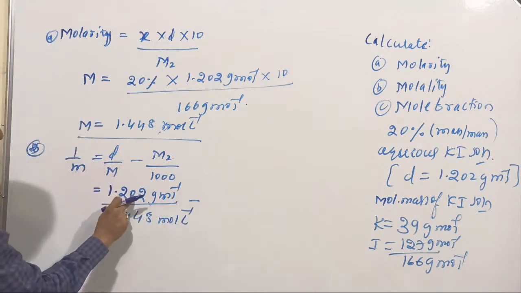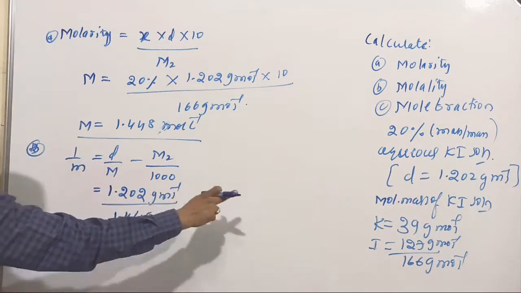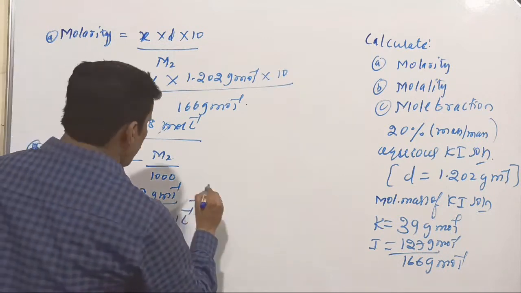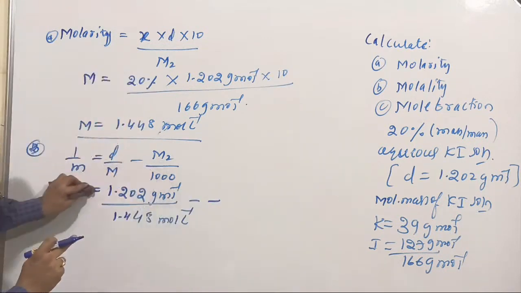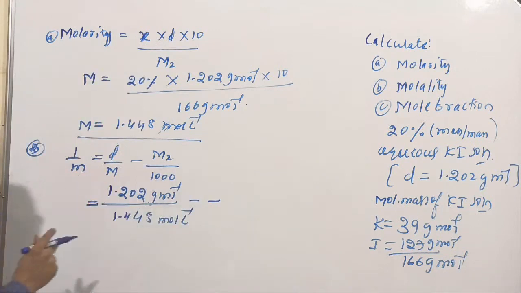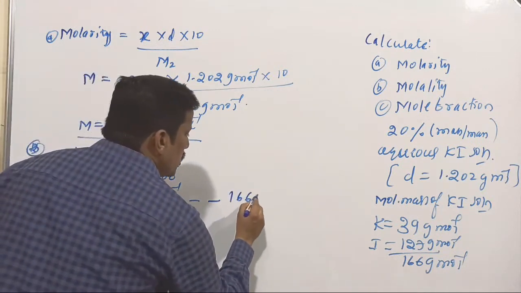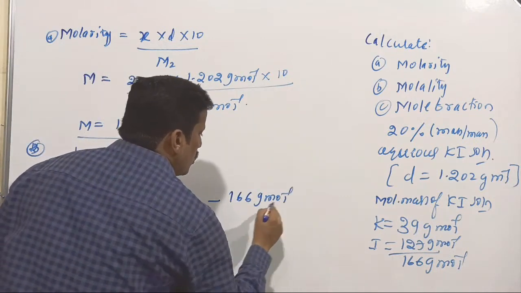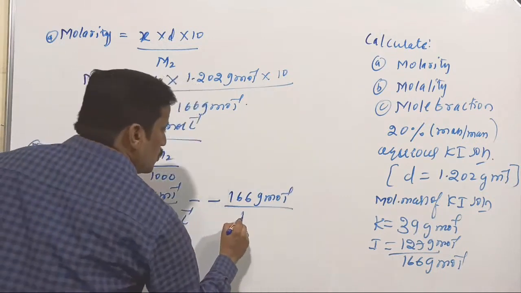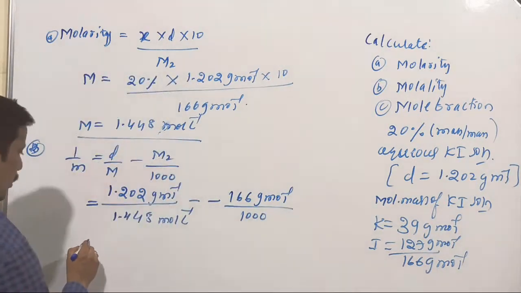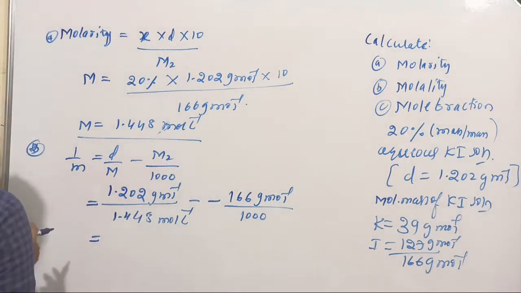So this is 1.202 gram per ml, density is given, this is 1.448 mole per liter, minus m2, molecular mass of potassium iodide, 166 gram per mole, divided by 1000. If you solve this, 1.202 divided by molarity.